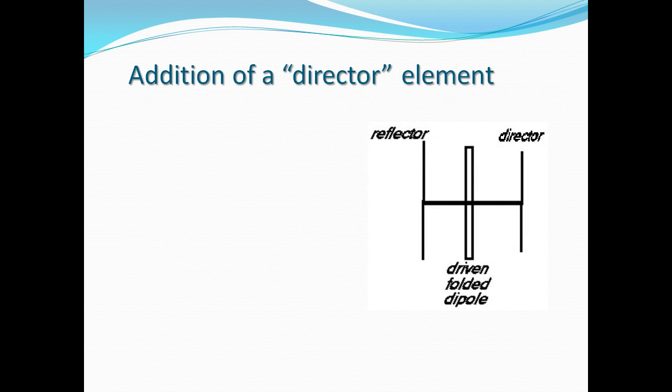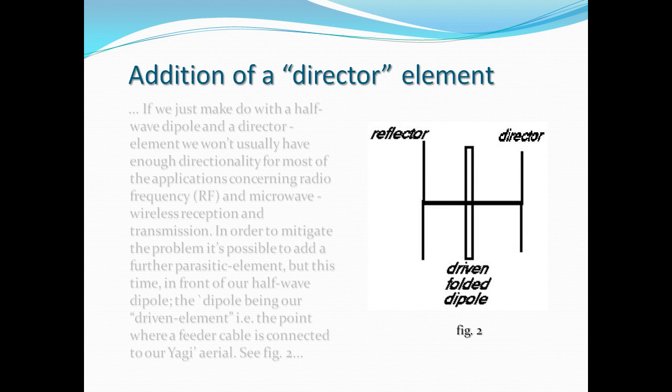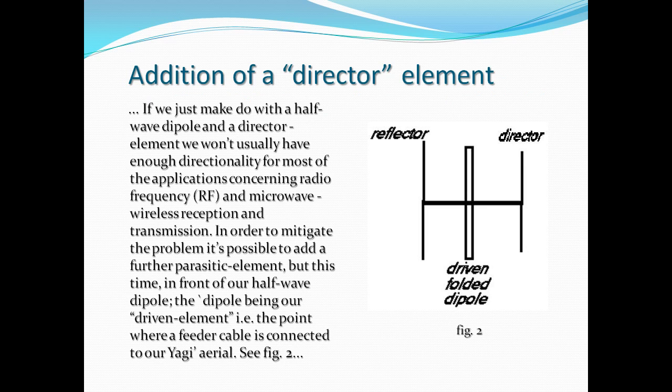Addition of a director element. If we just make do with a half-wave dipole and a reflector element, we won't usually have enough directionality for most of the applications concerning radio frequency and microwave wireless reception and transmission.